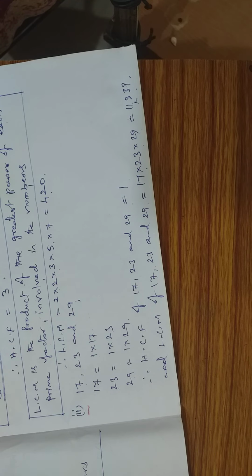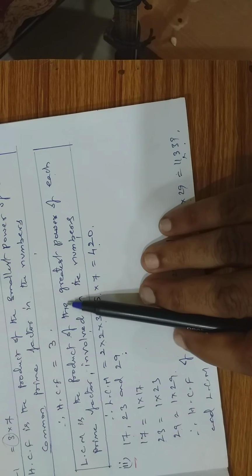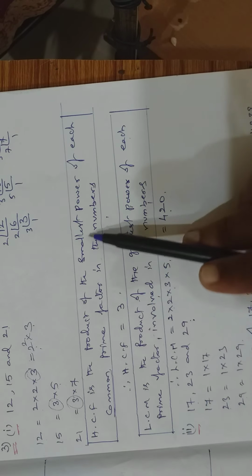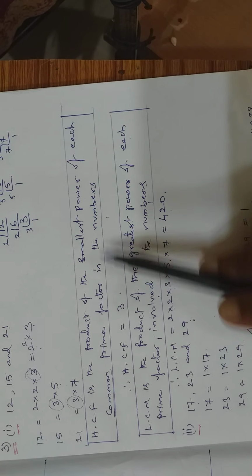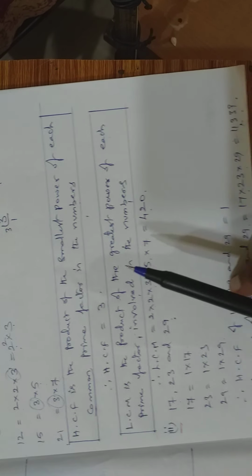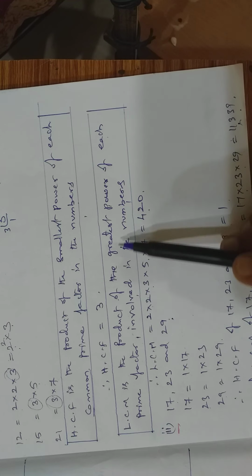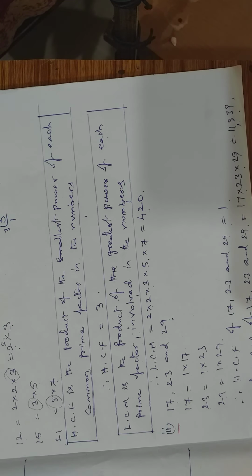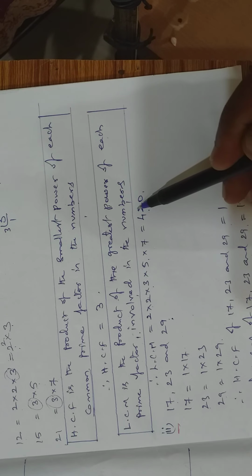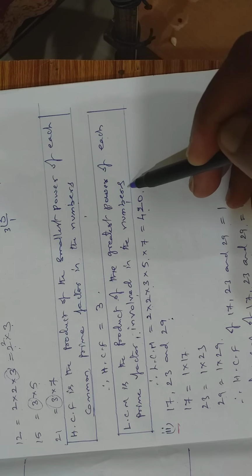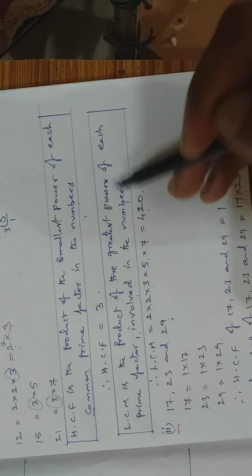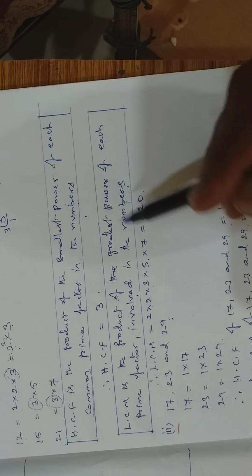In this process we have learned the points: HCF is the product of the smallest power of each common prime factor in the numbers, and LCM is the product of the greatest power of each prime factor involved in the numbers. So by learning these two, you can find the LCM and HCF of any two or more than two given numbers.